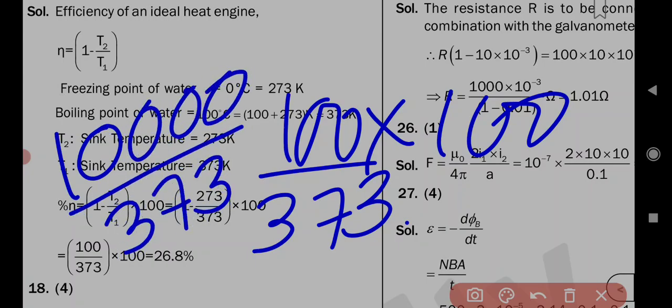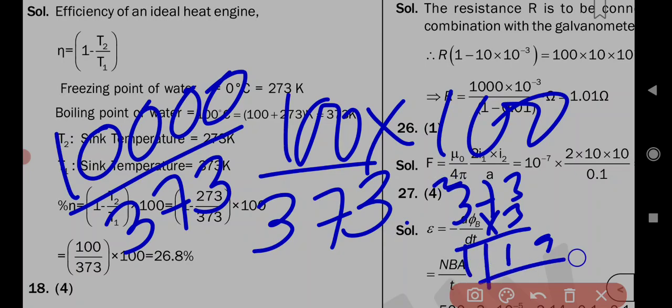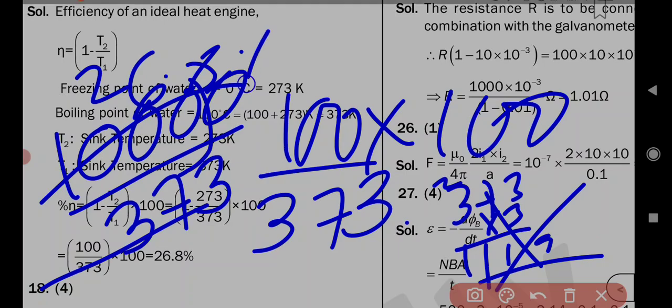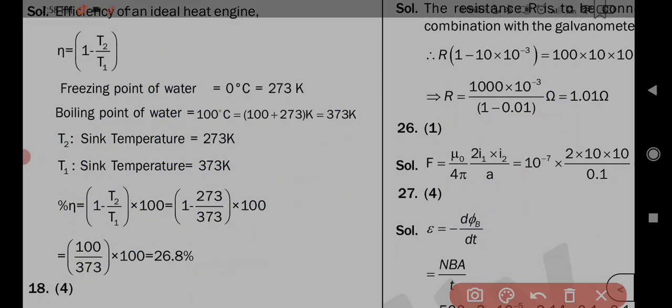Doing the division step by step, we get 26.8 percent. So this is the thing you need to do.